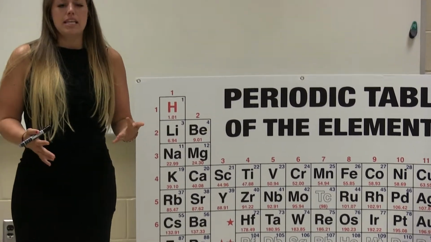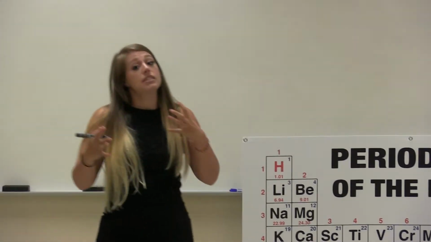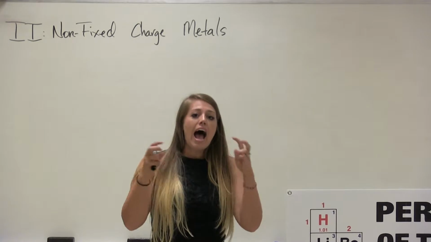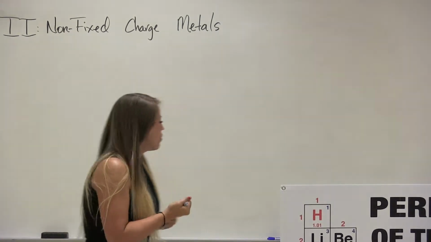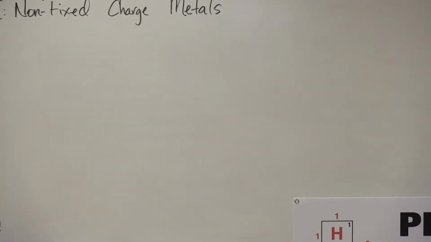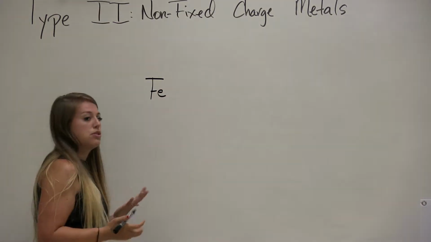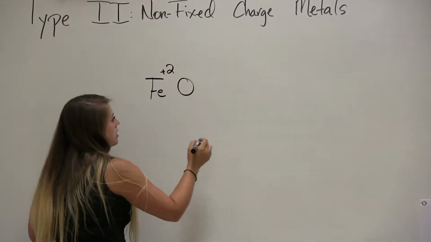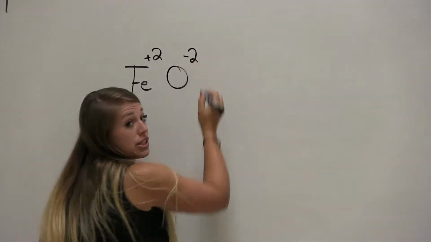So if we look at an example of those, we're still going to follow the same rules as type 1, but we're going to add in how to identify the charge. So if we look at iron, for example, and we take 2 different types of the iron ions, maybe iron plus 2, we're going to react it with oxygen, and we know oxygen has a -2 charge.